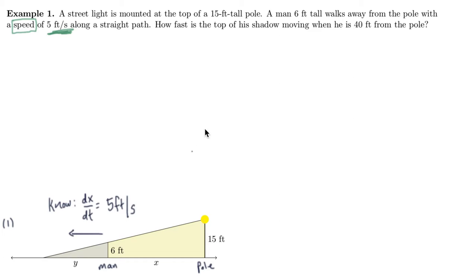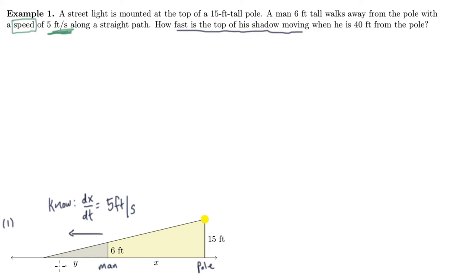Let's keep going. We want to know how fast is the top of his shadow moving when he is 40 feet from the pole. This question is a little bit tricky, because when it says how fast is the top of his shadow moving, it's asking for a rate of change. You might want to jump in and say it's asking for dy/dt.